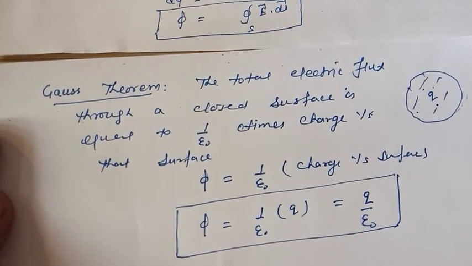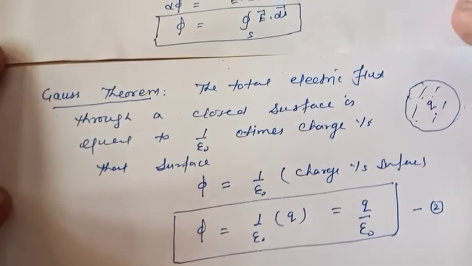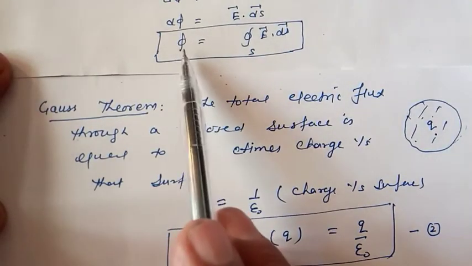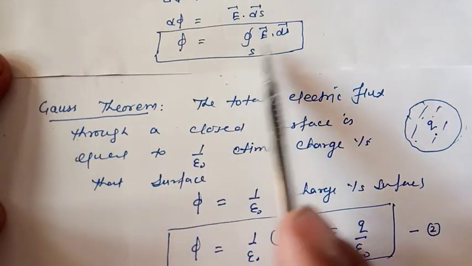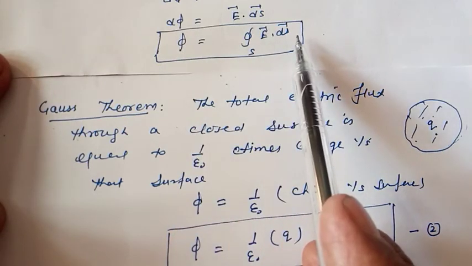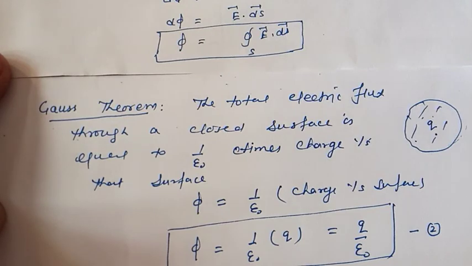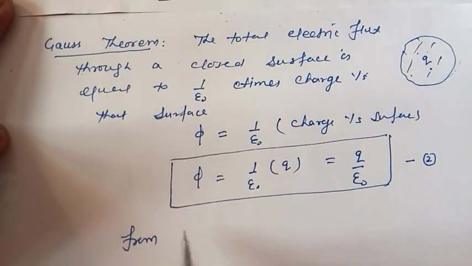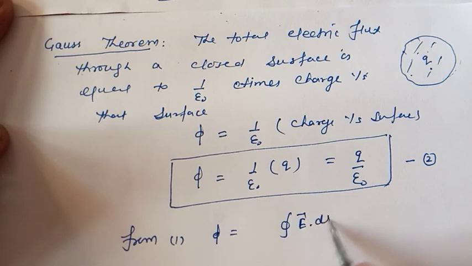Now let it be equation number 2. Also from the definition of electric flux, we calculated phi is equal to surface integral of electric field. So now from equation 1, phi equal to Q upon epsilon 0, and from equation 2, phi equal to surface integral of electric field.